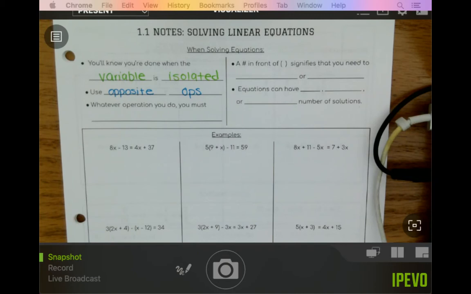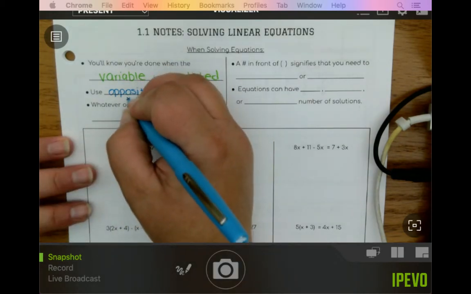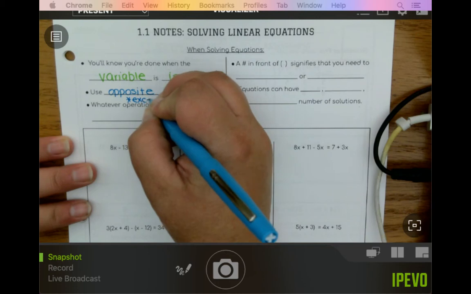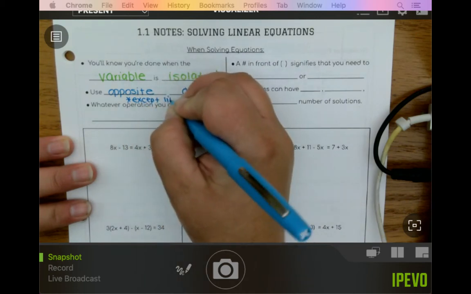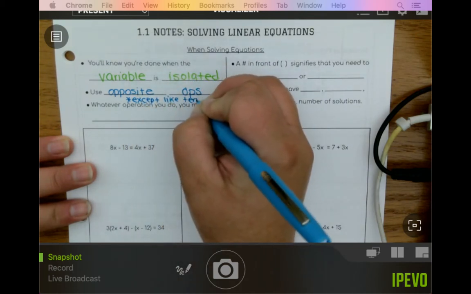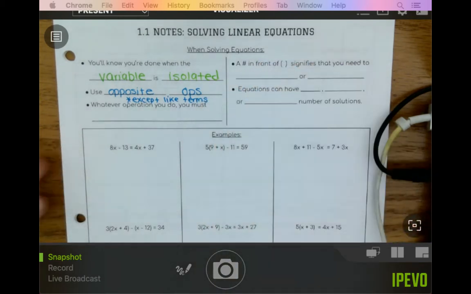There is a scenario when we won't use these, and I'm going to make a little note of it underneath, and that is except like terms. What I mean by that is we are going to combine like terms. And when we do that, we don't need to do the opposite. We'll see that when we get to example number 2. And then whatever operation you do, you must do it on both sides.